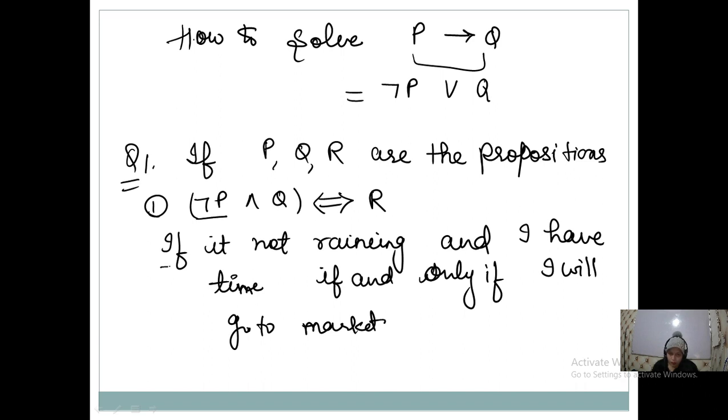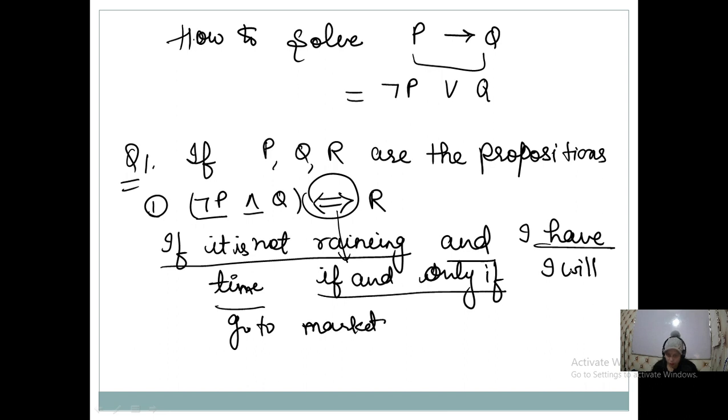Not P represents this line, if it is not raining, and represents this symbol. Q means I have time, and this symbol represents if and only if. R is positive, that means I will go to market.